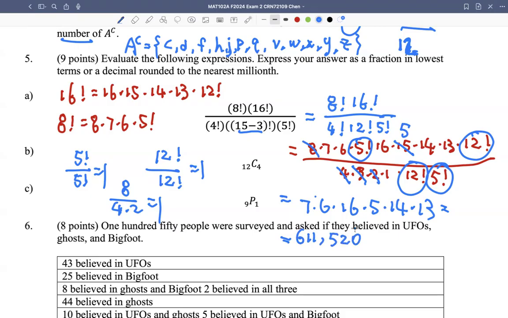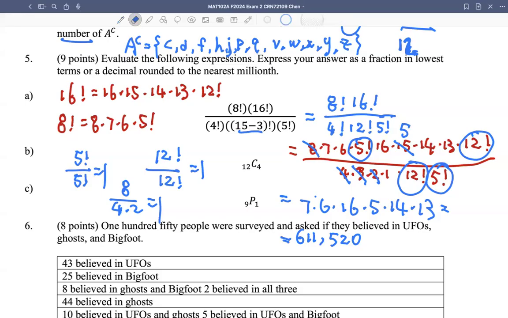It's good to do it a second time, to just do one more time and confirm the answer is right. 16 times 5 times 14 times 13. Yes, my second time I still get 611,520. Okay, so that's done for the calculation of the factorials.